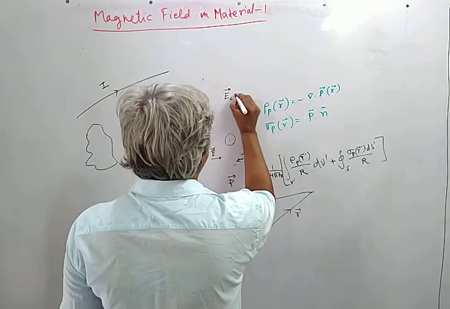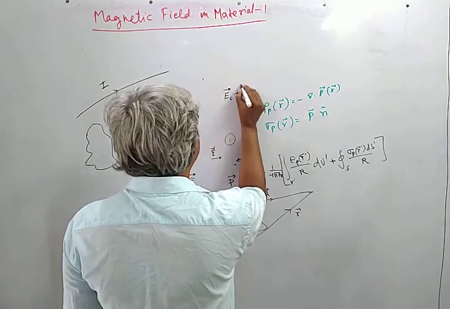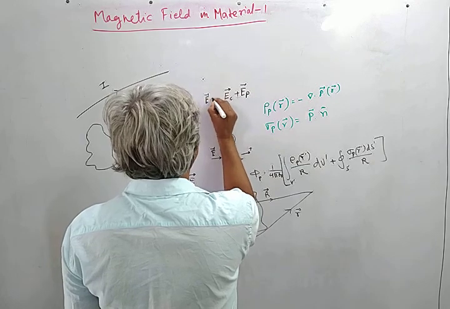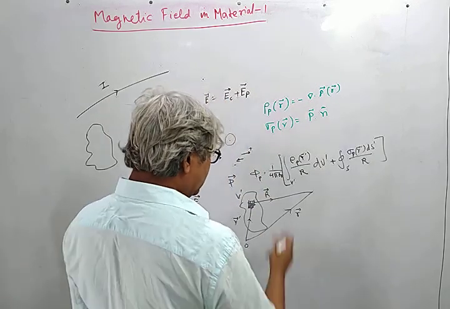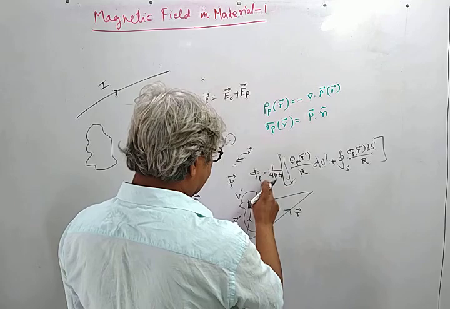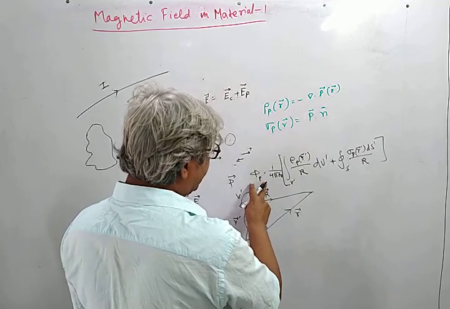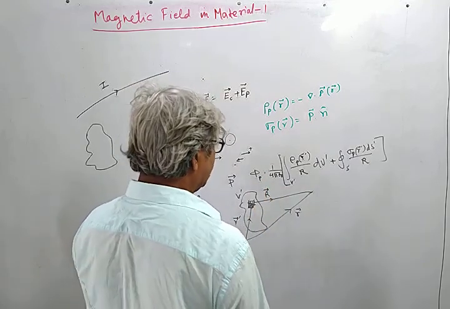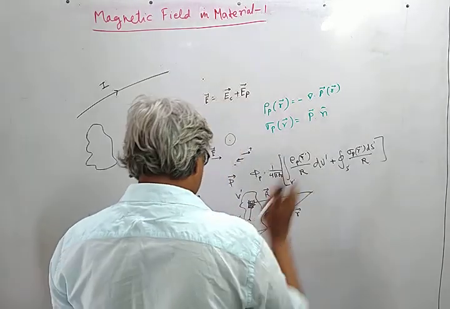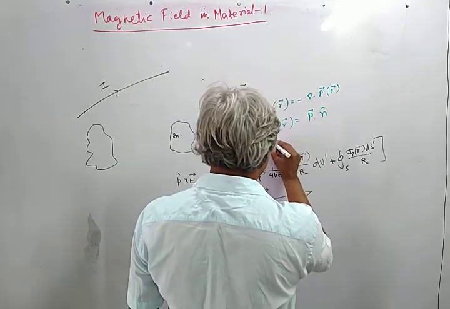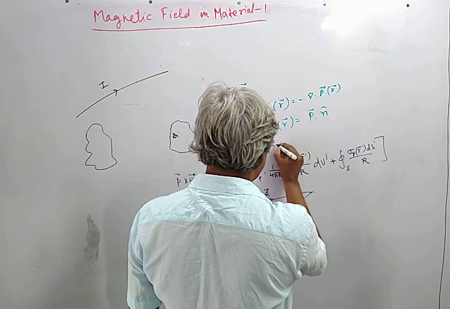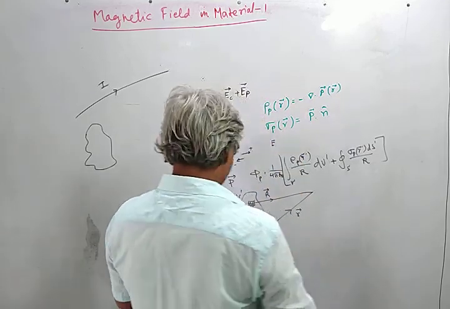So the resultant field would be EP, and this is equal to E. And if you take the gradient of it, the field becomes just, let me write afresh.